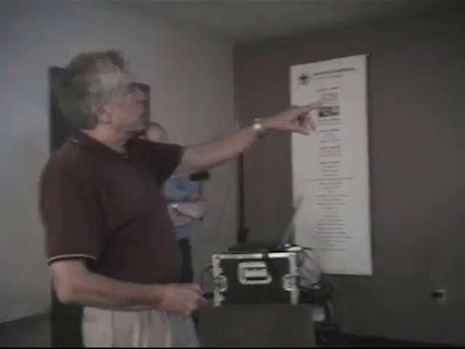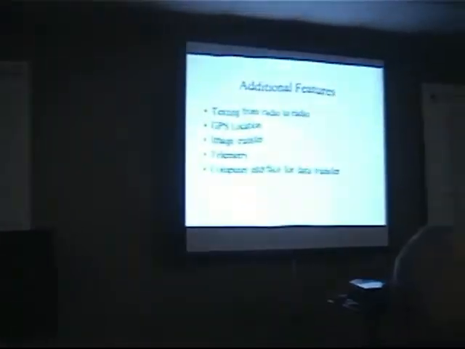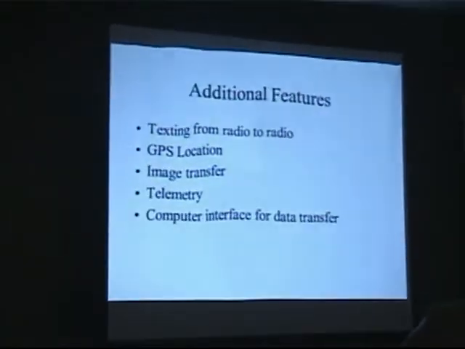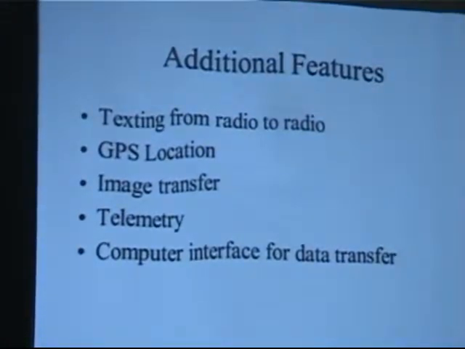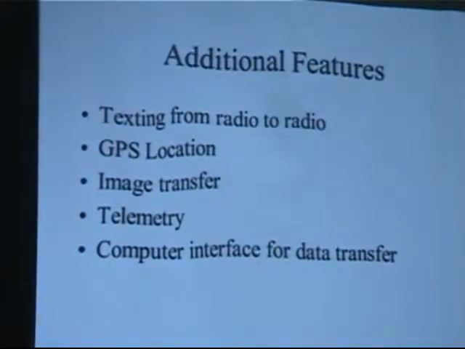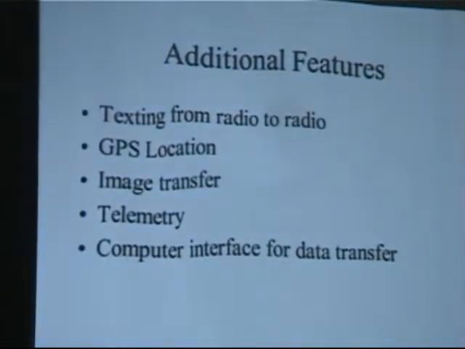So now additional features. We can have texting directly from radio to radio, just like you do with a cell phone. And the DMR radios can do that. GPS location, a lot of the radios have that. ICOMs, I think some of the latest ones may have it built in. The 92AD that I have, it has it in a microphone. Image transfer, System Fusion is talking about doing that.